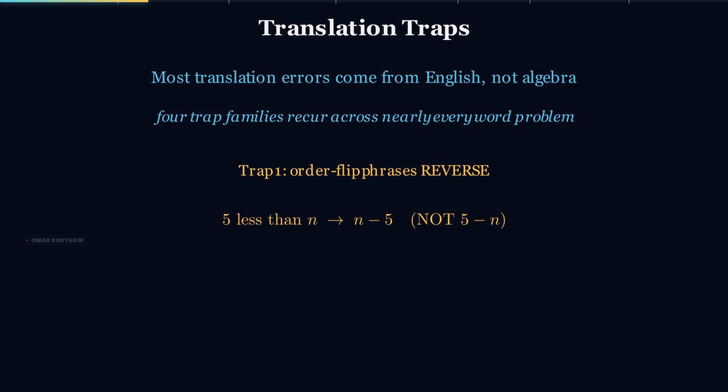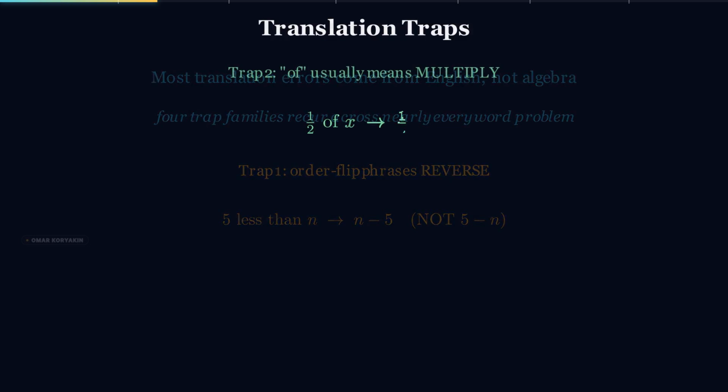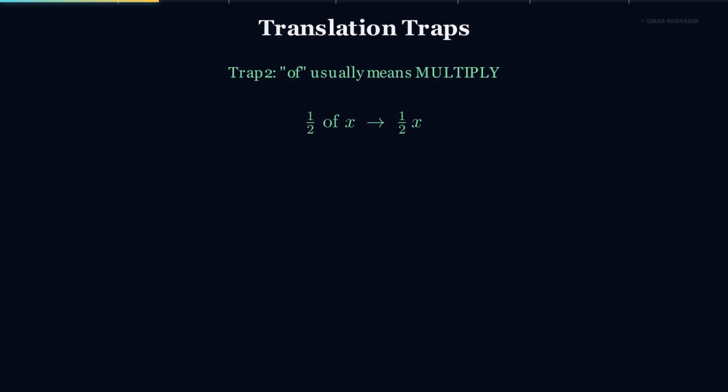The reversal is unintuitive at first because it does not match how the words are spoken in everyday English, so the safest practice is to underline these phrases the moment you see them and write the reversed expression deliberately. Trap family 2 is the ambiguous of. The word of in math word problems usually signals multiplication, but the surrounding context determines what is being multiplied by what.